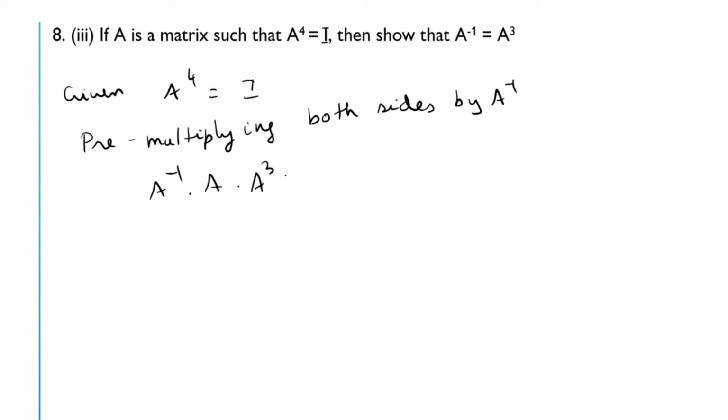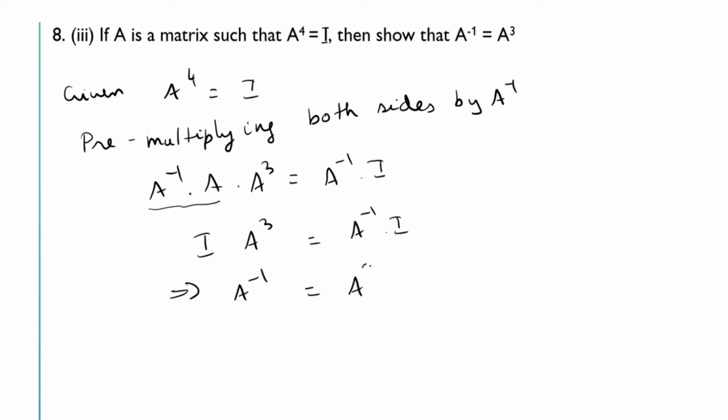A raised to 4, I am writing it as A into A cube, is equal to A inverse into I. Here A inverse into A we can write as the identity matrix I. So I into A cube is equal to A inverse into I, which implies A inverse is equal to A cube. They have given A raised to 4 is the identity matrix. We have to show that A inverse equals A cube. We get A cube is equal to A inverse, which means A inverse is equal to A cube.